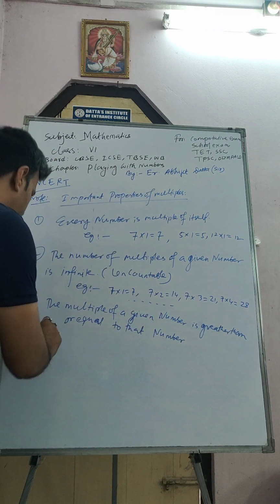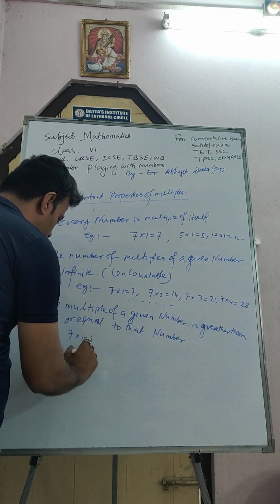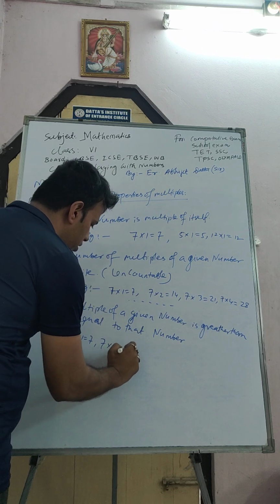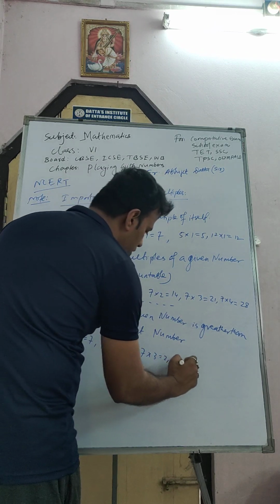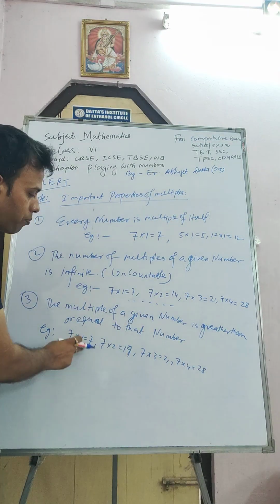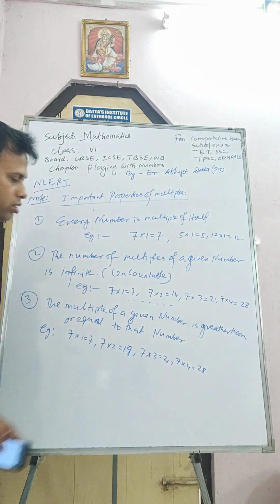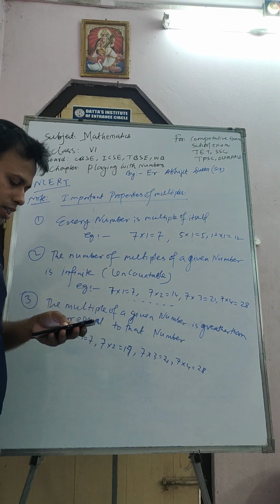For example, 7 into 1 is 7, 7 into 2 is 14, 7 into 3 is 21, 7 into 4 is 28. Look at here. Every multiple is equal or greater than the number. That is, the multiple of a number is greater than or equal to the number.